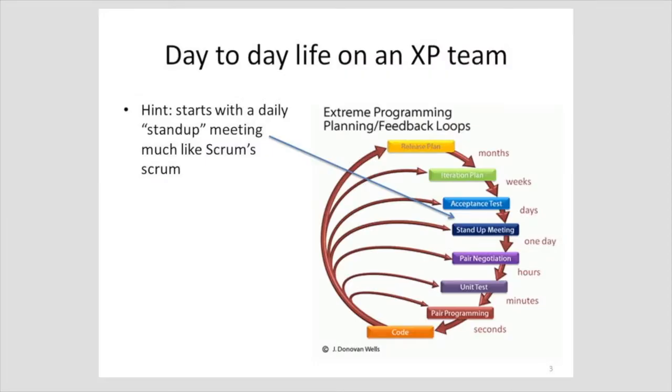This is the whole structure of extreme programming, which contains many iterations. The longest one is going to take months. It's the release plan, but that's already the longest one in the whole iteration, and there are many sub-iterations. The smallest one is pair programming. Its unit is in seconds because they are always communicating with each other, right?